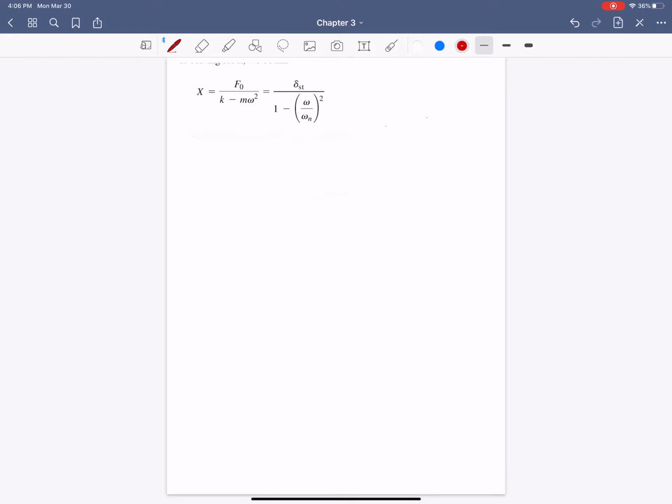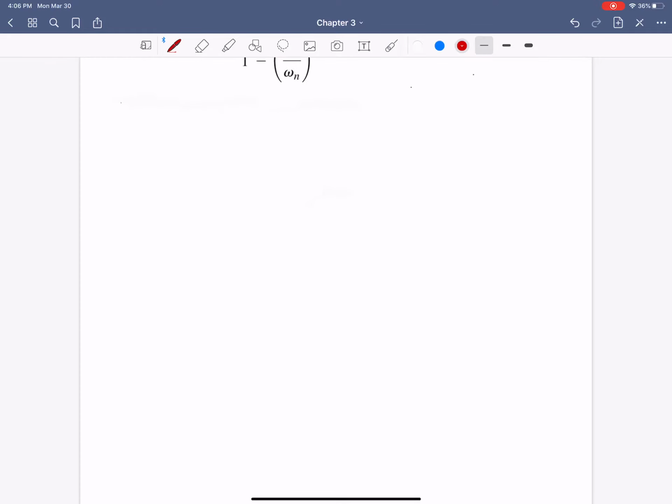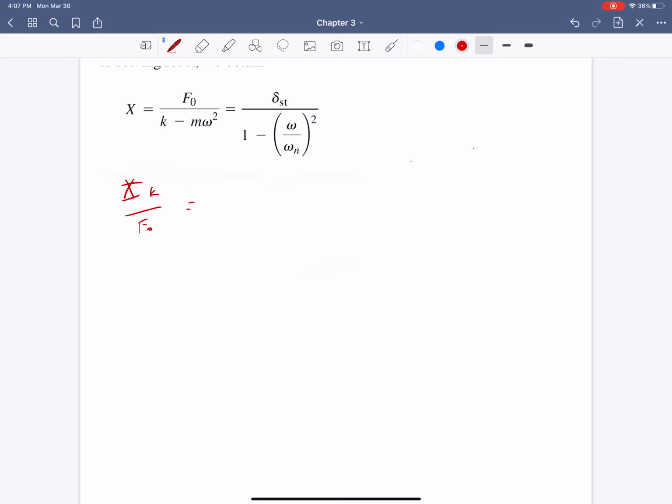So we already talked about this. This is just a neater version of what we had before. And once again, you'll see them have this parameter, X k over f naught, which is equal to X over the static deflection, which is equal to 1 over 1 minus omega over omega n squared.